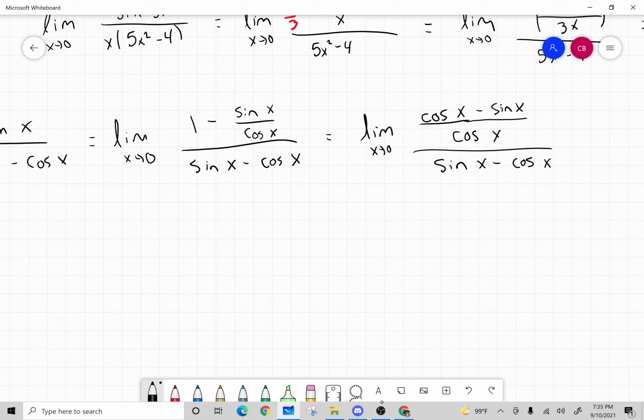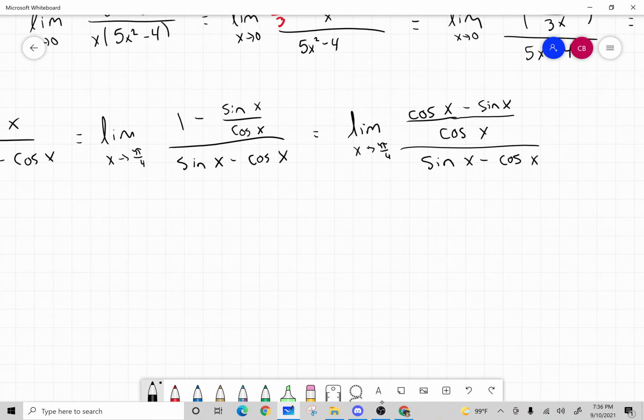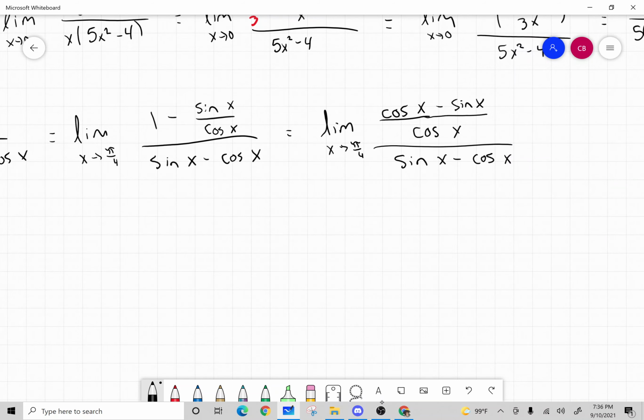Okay, so far so, oh, I'm putting 0. This isn't 0. Sorry, this should be x approaches pi over 4. I forgot, if it's 0, that makes this really easy. This should have been a pi over 4, I'm sorry. If it was 0, it'd be over because sine 0 is 0 and cos 0 is 1, so you could actually just plug it in.